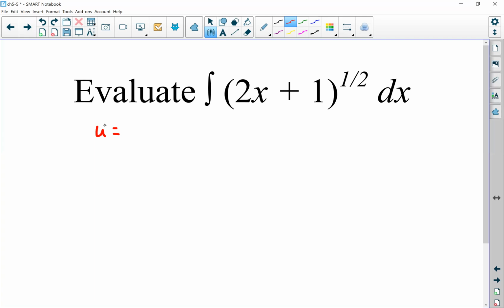So in this case, the inner part of the composite function is 2x plus 1. Taking the derivative or the differential, du is equal to 2 dx.